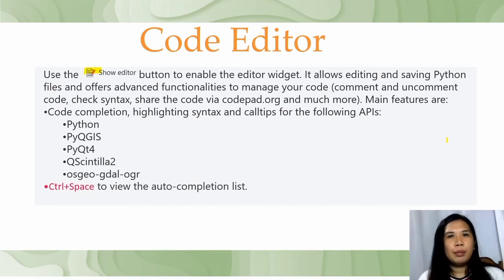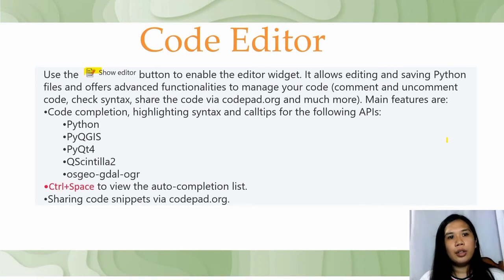Here, you can use Control space to view the auto completion list if enabled in the options also. The difference is the Alt. So in the console, you will use Control Alt space to view the auto completion list. However, in the code editor, you can use Control space.